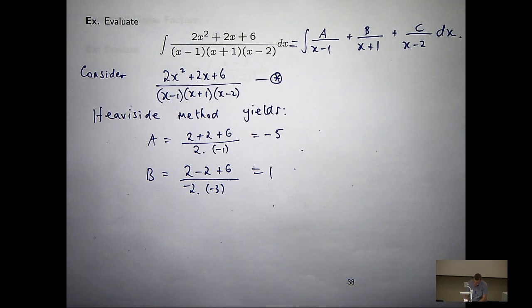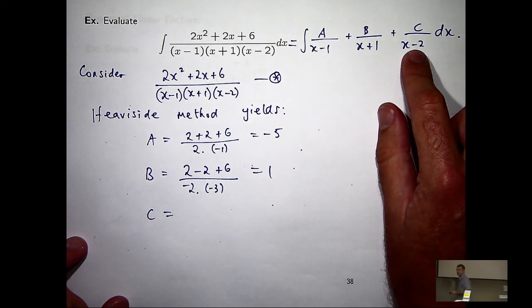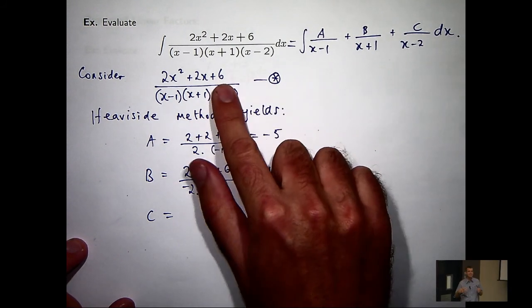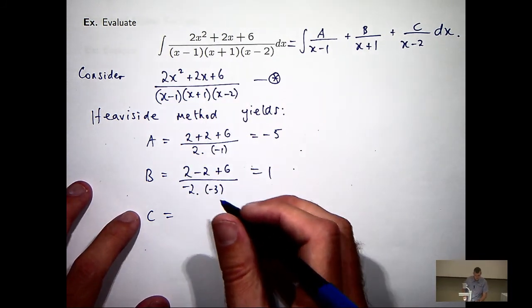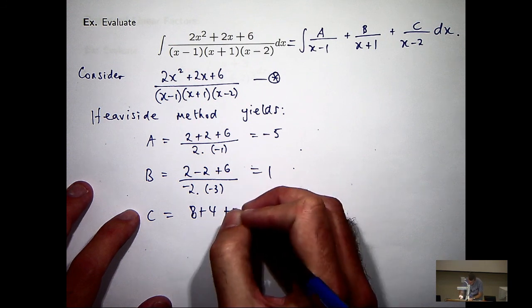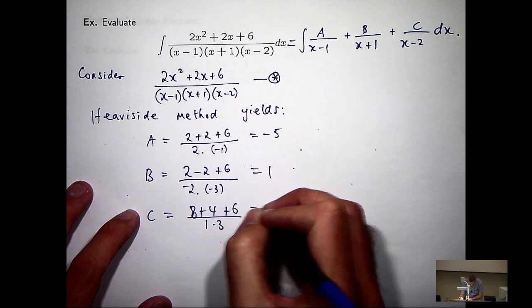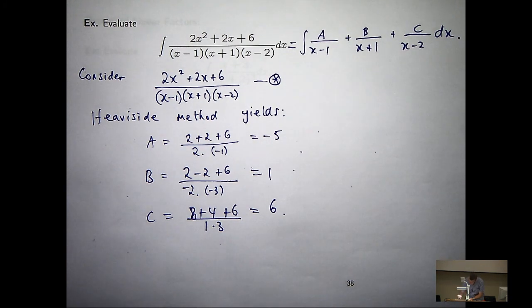And finally, for C, it lies above x minus 2. So I cover that up and plug in x equals positive 2. So I'm going to get something like this. Pretty easy. So now I just take those values and do my integration.